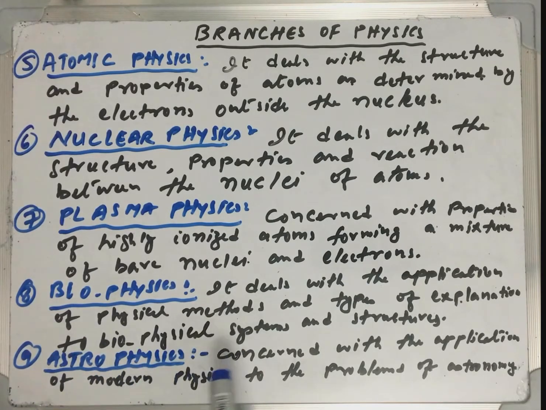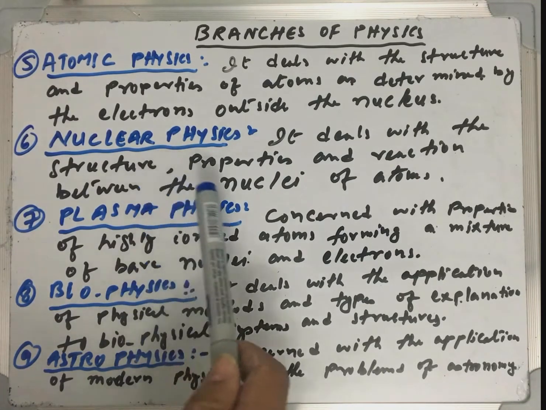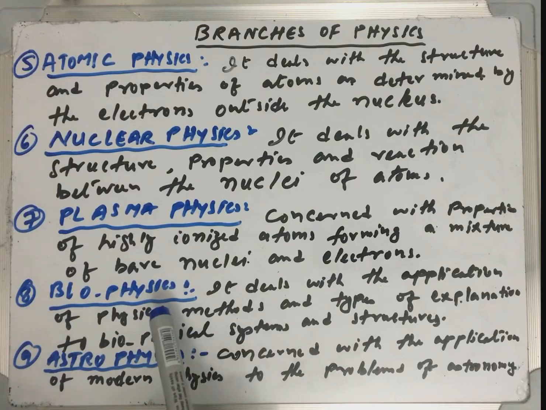Astrophysics is concerned with the application of modern physics to the problems of astronomy. So these are the branches of physics. One by one we will study them in detail.